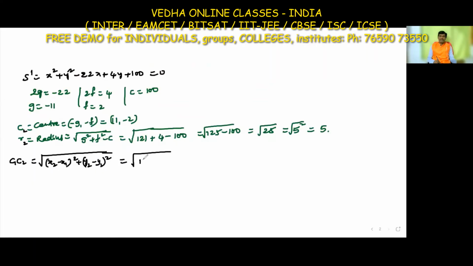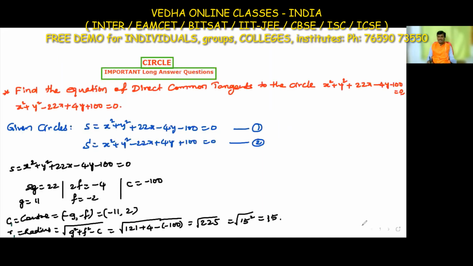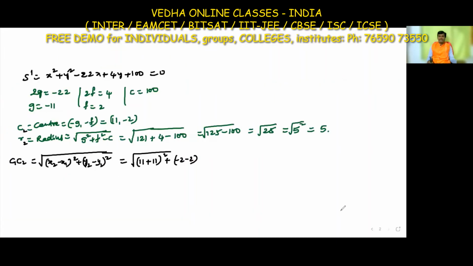So 11 minus of minus 11 becomes plus, so 22, whole square, and minus 2 minus 2, that is minus 4, whole square.